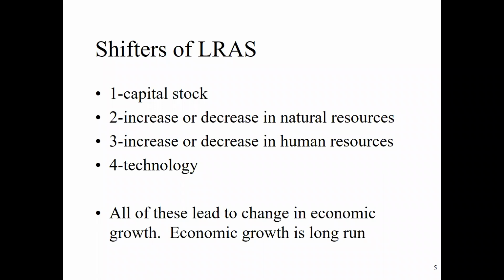Now, if you really think of the production possibilities curve, change in quantity or quality of resources really takes these 3. I just broke them down because these are the way they seem to show up on questions on the AP exam. And then the 4th one is technology. So if the LRAS shifts, the production possibilities curve is also going to shift out. And just remember, when they talk economic growth, that means the LRAS, that's the long run.